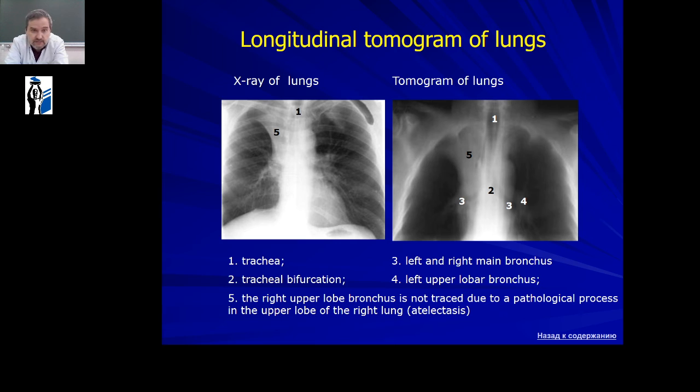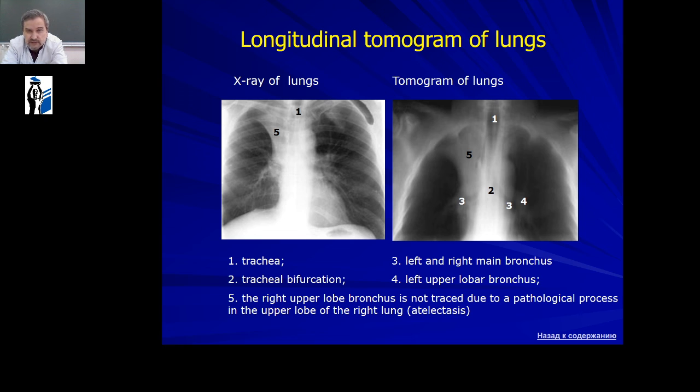And we can see trachea and trachea bifurcation, left and right main bronchus, number 3, left upper lobar bronchus, number 4, and number 5, the right upper lobe bronchus is not traced due to pathological process in the upper lobe of the right lung called atelectasis.